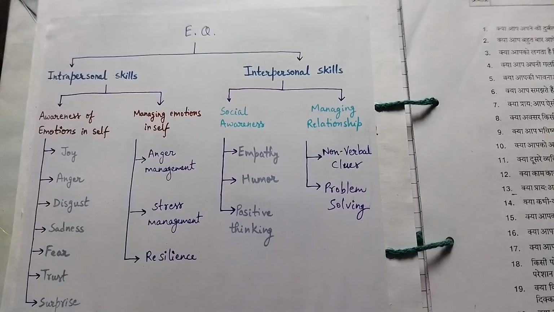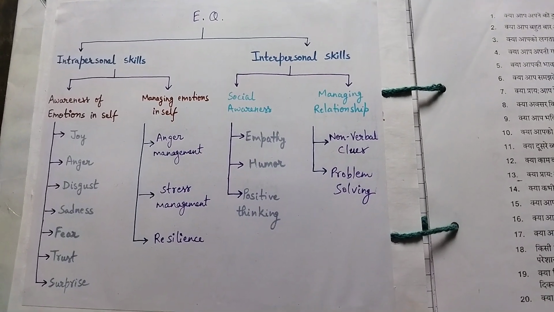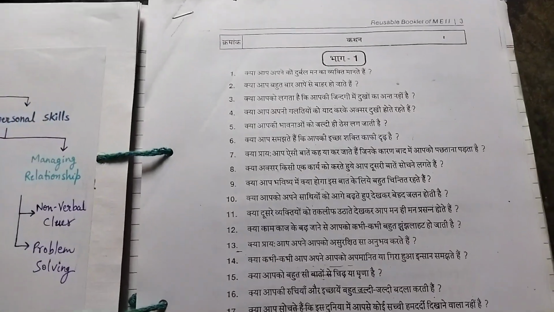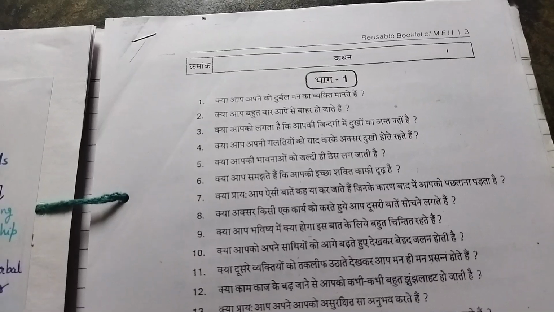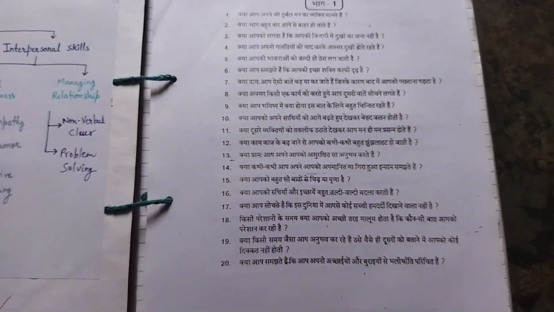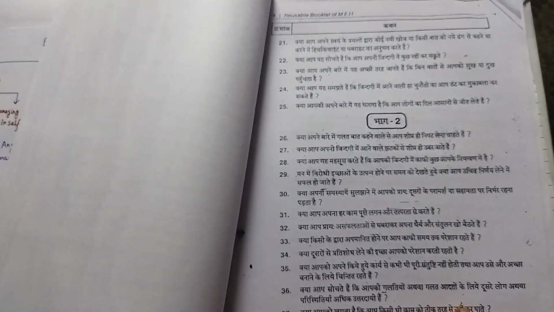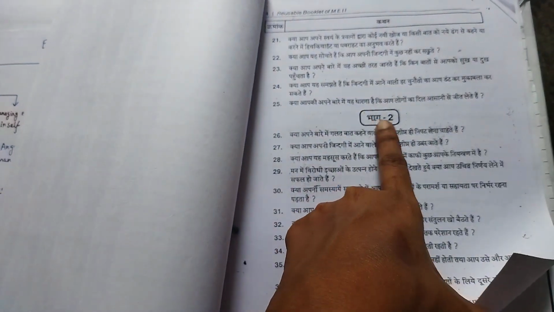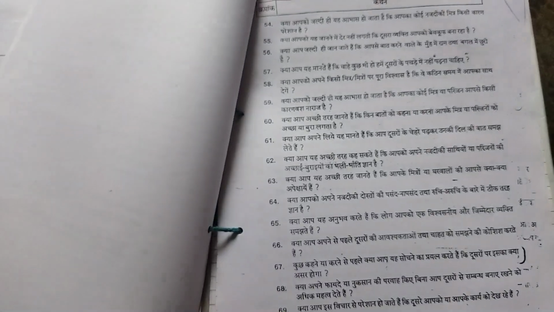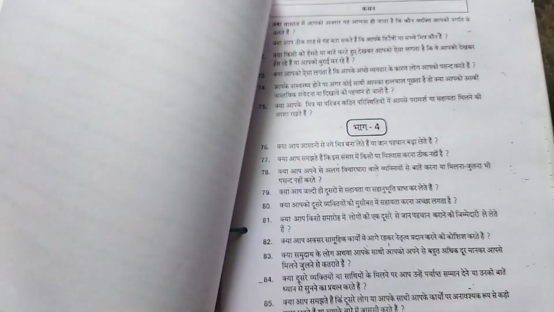After that there is a flow chart of emotional questions, and on the right hand side we can see the question paper of the MEII, which contains 100 questions. Like this, it has four parts or bhag, which deal with all the 4 types of awareness and management.